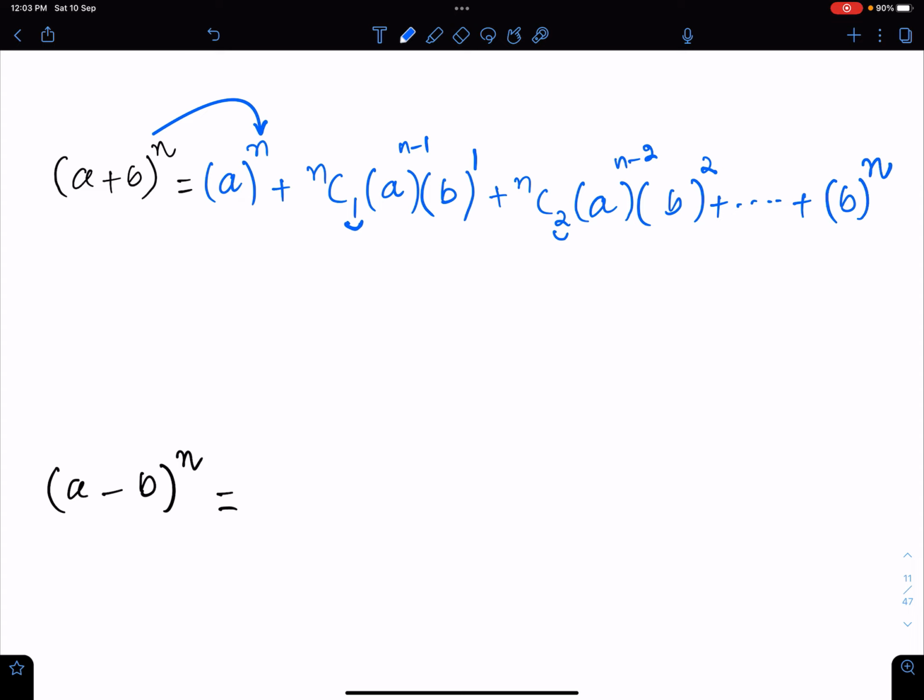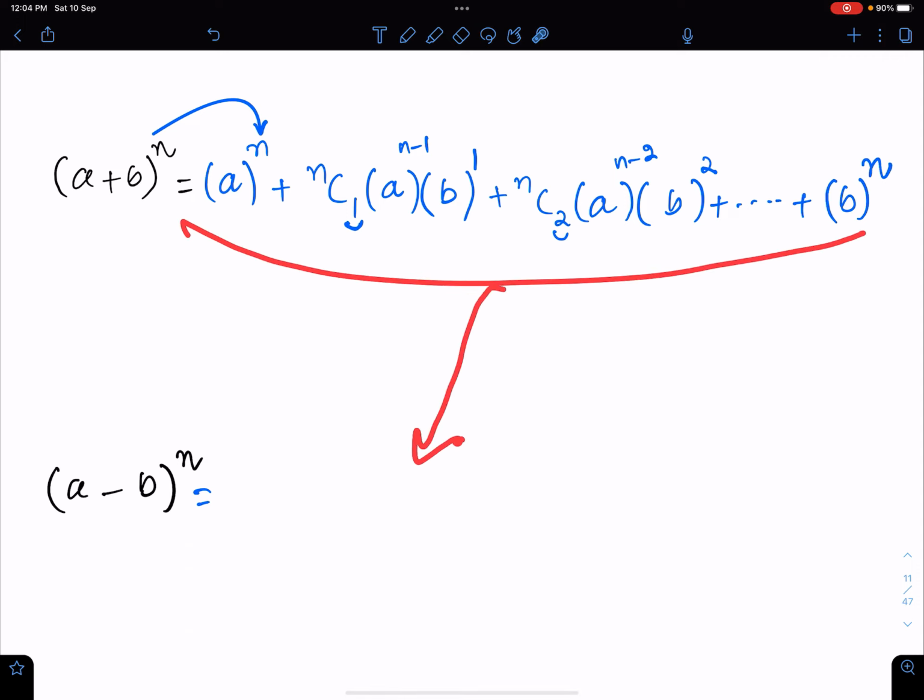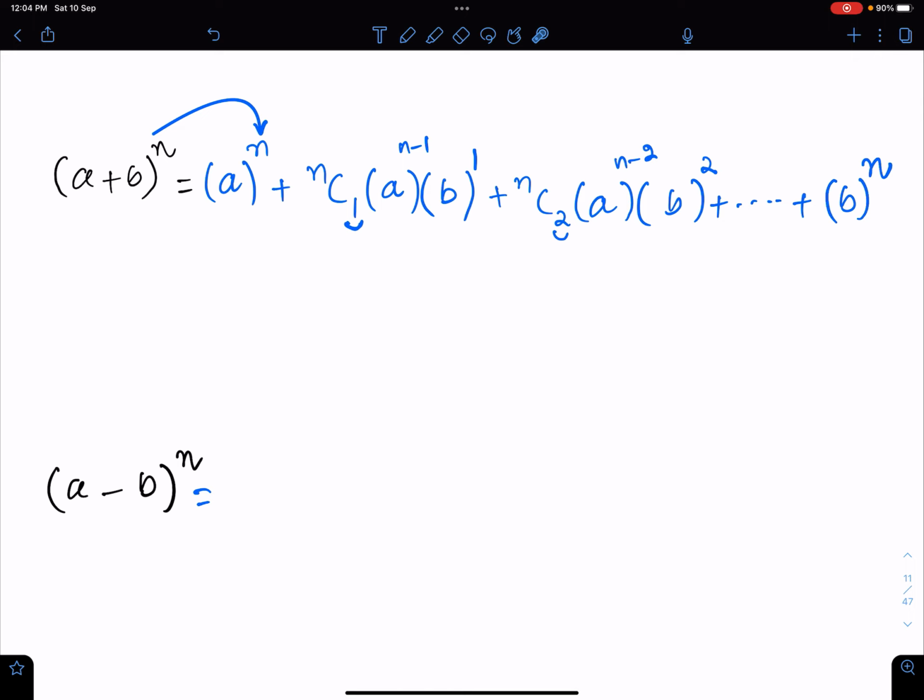This expansion is exactly similar to this expansion except this negative sign. The difference between these two expansions is this sign. So to expand this type of expansion, we just copy this result here and we just change the signs, meaning signs are alternate.